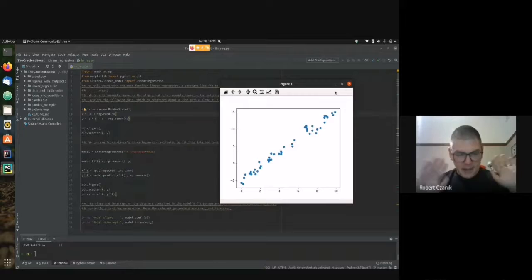You will never, ever get a perfect straight line out of data that was measured in reality. The simple reason for that is that any measuring device has some form of uncertainty or measuring error on it. You can be the most precise engineer out there, the most precise scientist. You'll always have some uncertainty.